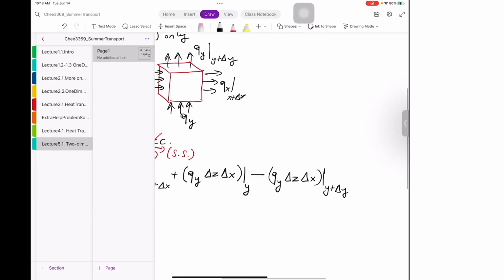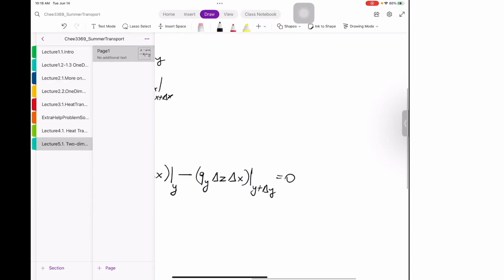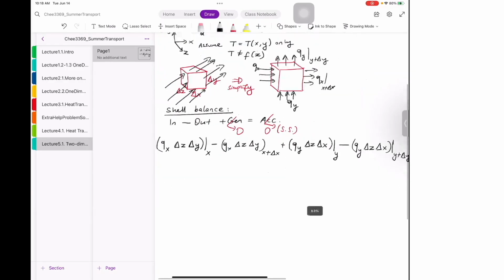That's all my ins and outs. That's equal to 0 because I don't have any generation, I don't have any accumulation.